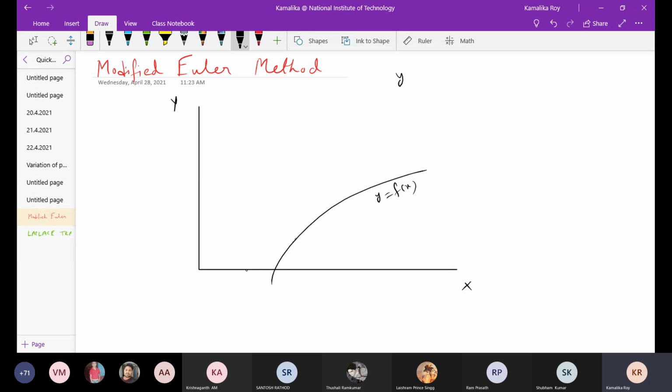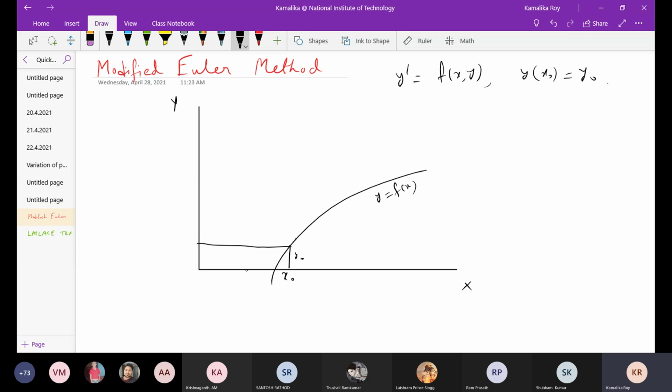What information is given? y prime is f(x, y) and y(x0) is y0. So you are given this. This is x0 and this is y0. This origin is x0.